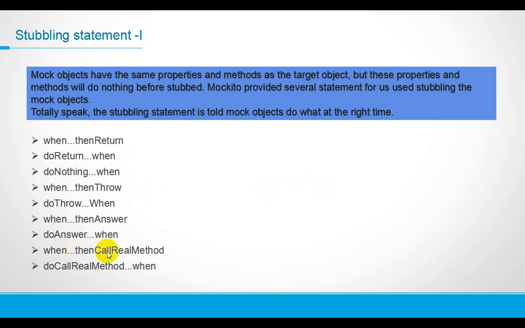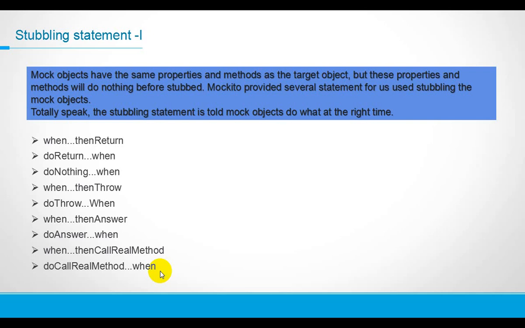And there is a particular method for mocks: when then callRealMethod and doCallRealMethod when. Of course, it supports multiple return value styles and cascading styles too. And in a future lecture, I will explain them and demonstrate how to use them.